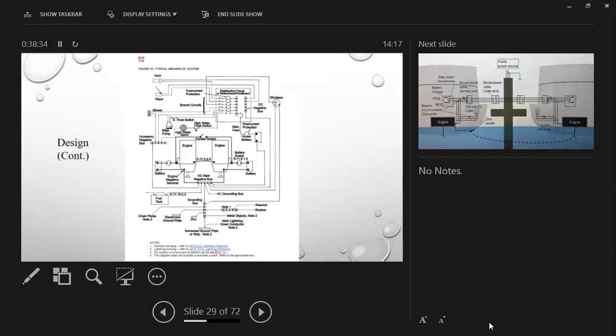Ground plate, anode, everything. Then you've got this wire going up to your DC main negative bus. Everything's supposed to be tied together on a boat like this, right? Then we see this line here, AC grounding bus. Why do we have an AC grounding bus?